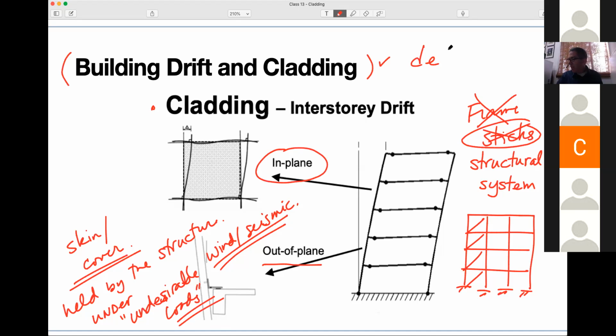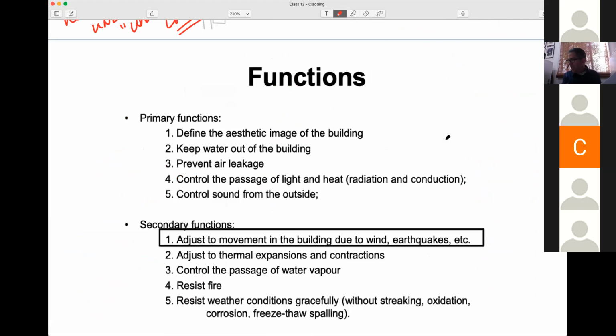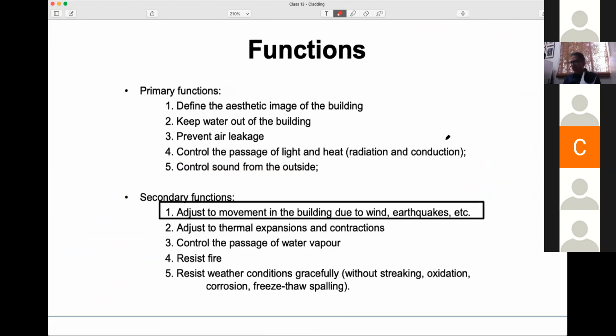So we'll hear that quite a bit. Generally, the cladding is very stiff, and relatively speaking, the frame is flexible. So that's something that has to be dealt with successfully.